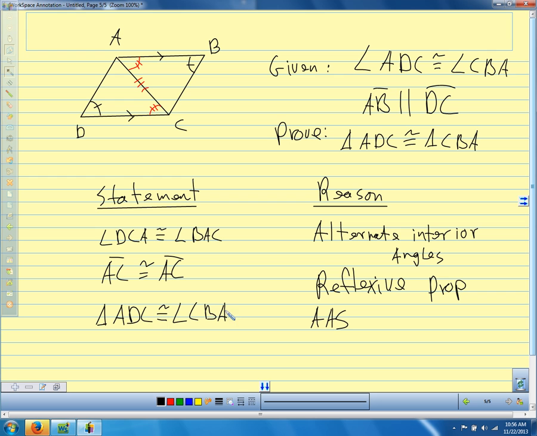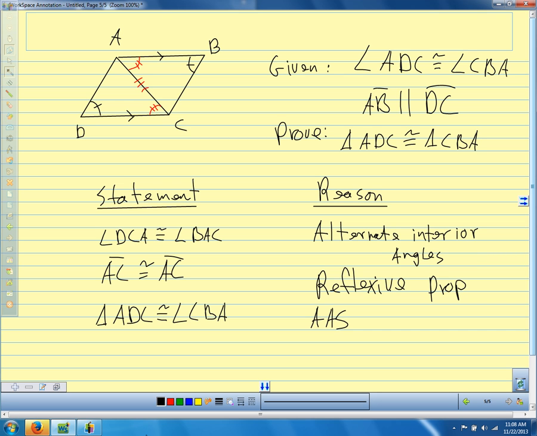And we have our vertices written in the right order because angle C matches up with angle A, angle D matches up with angle B, and angle A matches up with angle C.